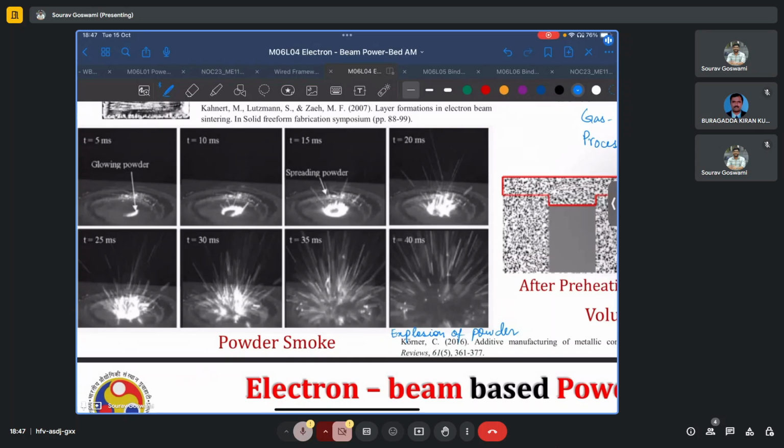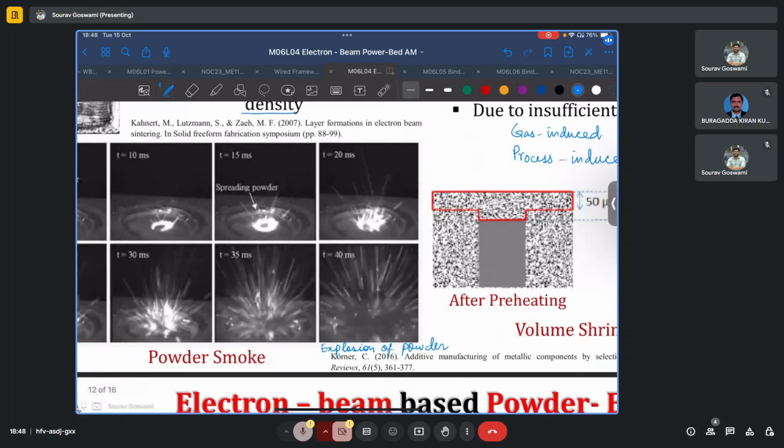This typically happens because, as we know, the powder particles are maybe assumed to be spheres, and when you have spheres in contact with each other, the electrical contact across them only happens at these points, across very small areas.